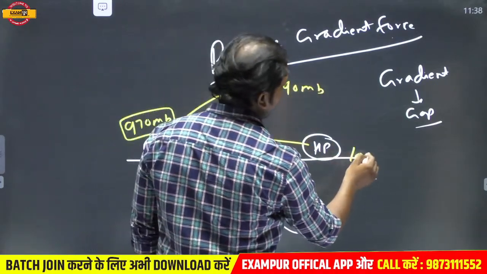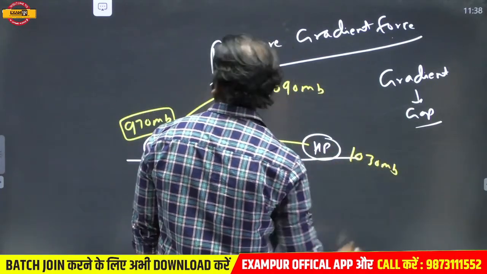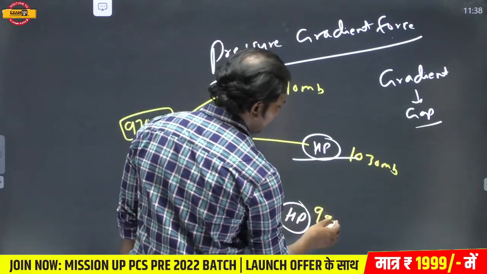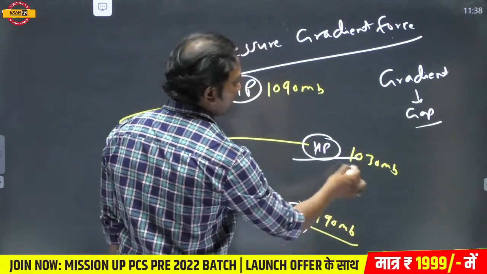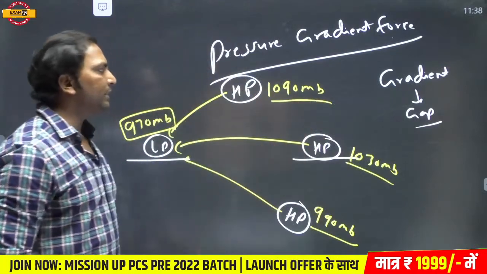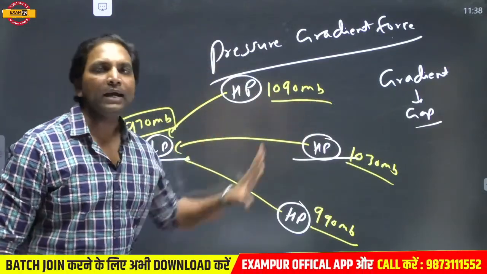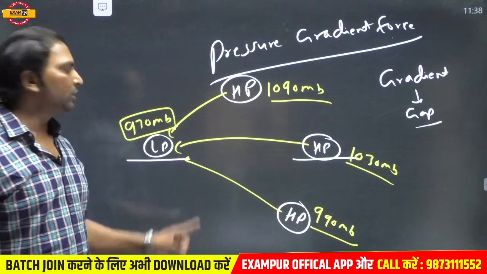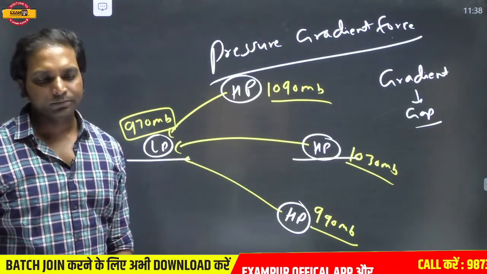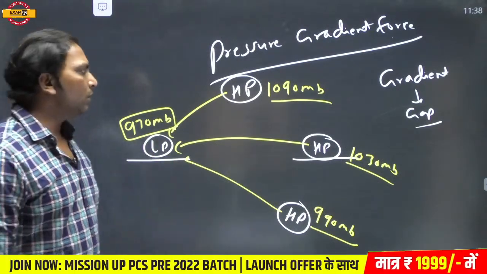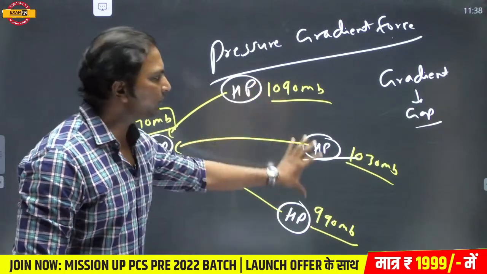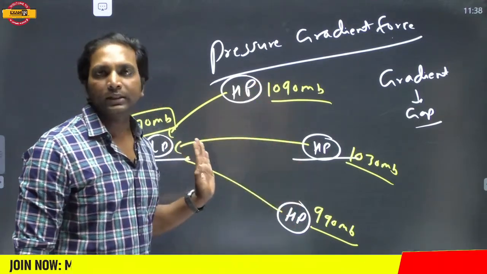Here it is 1030 millibar. And now you can see 990 millibar. So these three places relatively have a high pressure compared to this place. So winds blow from these three regions to this region.